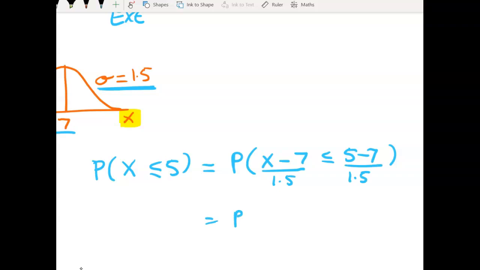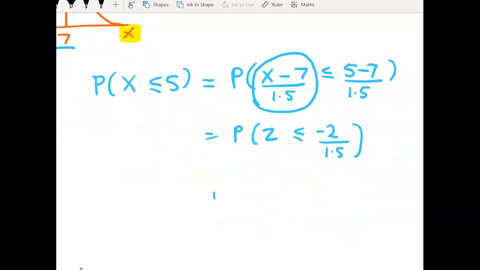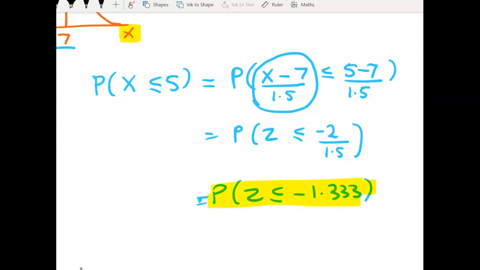And that means that this thing here is now my standard normal random variable, and it's equal to -2 over 1.5, which I can write as the probability that Z is less than or equal to -1.333.